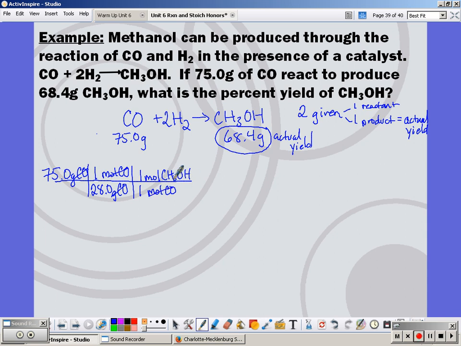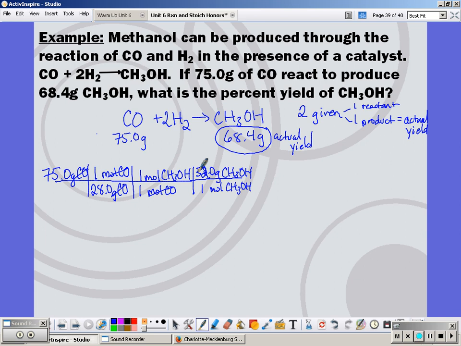My actual yield is given to me in grams, so I need my theoretical yield to also be in grams. So now I'm going to change it to grams. So 1 mole, I add carbon, 3 hydrogens, an oxygen, and another carbon, and I have a molar mass of 32.